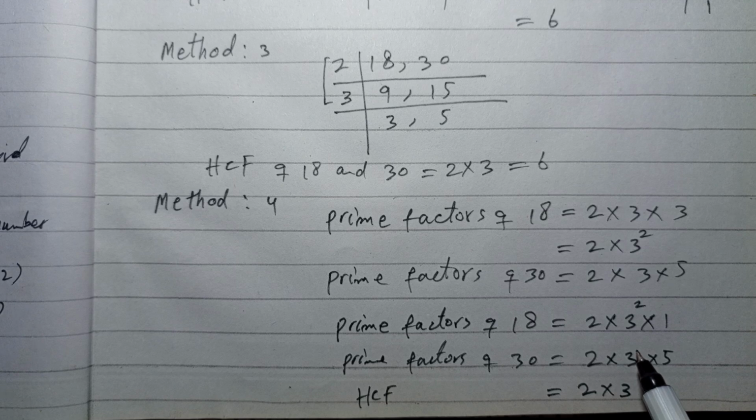For 5, you can write 1, or you need not write 1 here, because when 1 is multiplied by any number, the answer remains the same. Now 2 multiplied by 3 is equal to 6. Again 6 is our answer, and you can find HCF from the index notation like this.